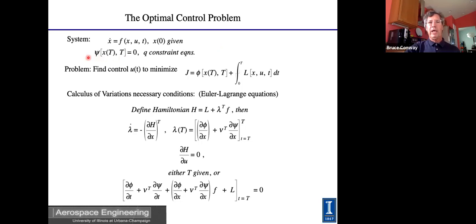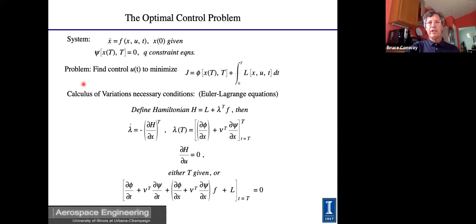And suppose that we have a set of Q constraints that are functions of the states at the final time and possibly the final time itself. These could be as simple as saying that the position and velocity, the R, theta, VR, and V theta of the spacecraft, need to be equal to that of Mars at the final time, whatever that final time is. So you might have 4 simple constraints.